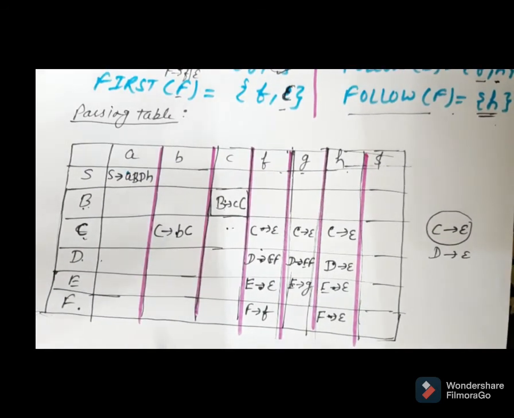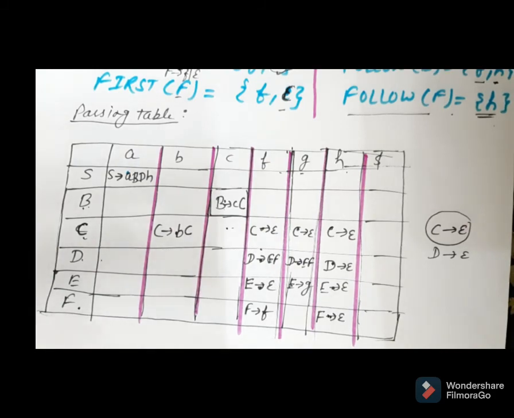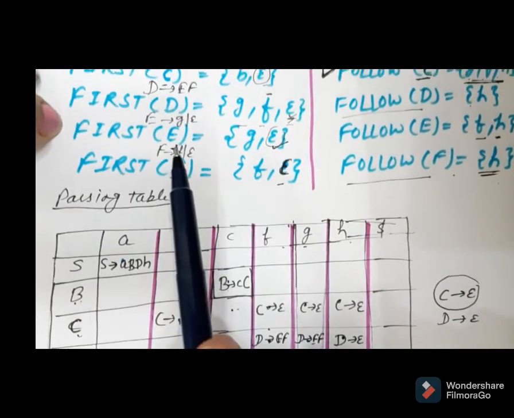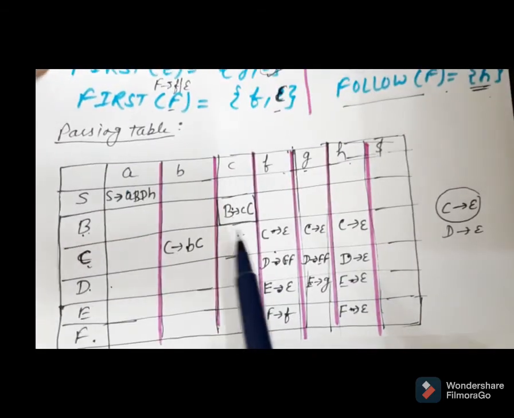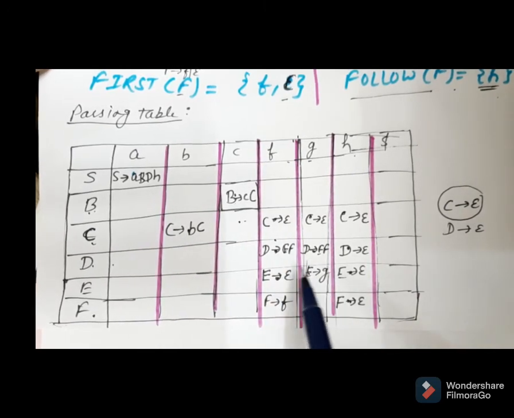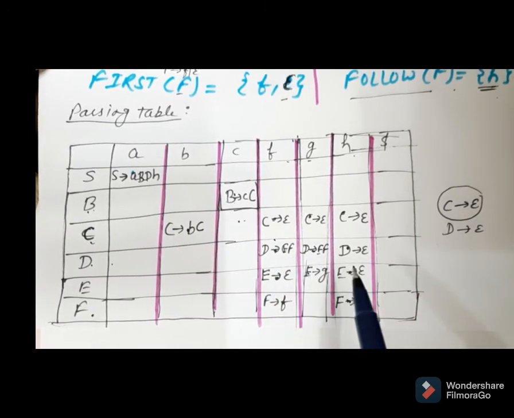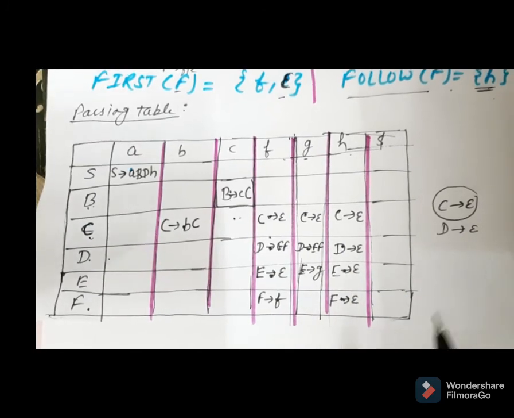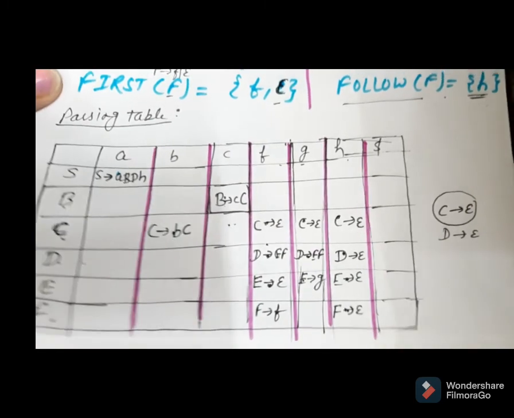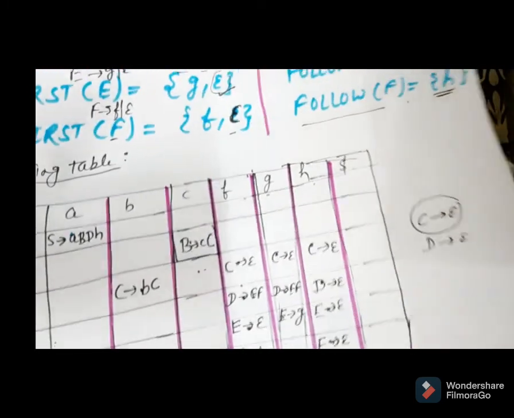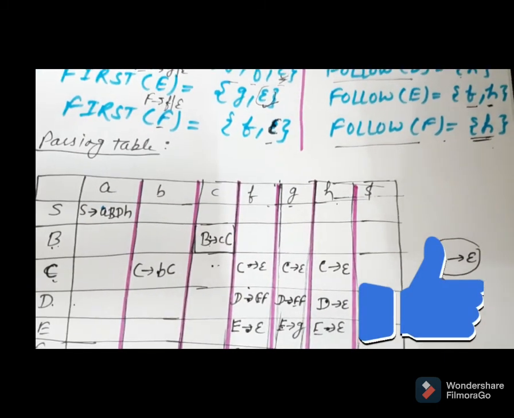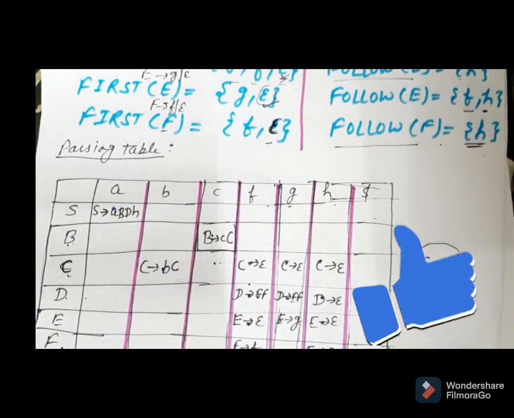We can fill the parsing table with the help of first and follow. First we have to calculate first and follow. After that, for first write the production, and for follow use the production tends to epsilon. After using that, we can fill the table, and some of the cells are empty here. All cells are not filled here. So this is the way of filling the parsing table.